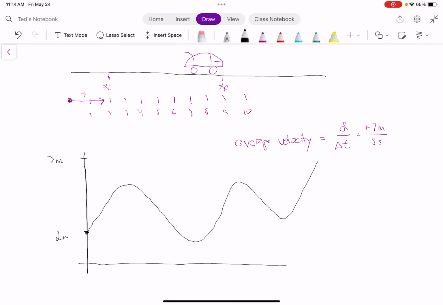So this was our starting location, and this was our ending location, and this whole trip took 1, 2, 3 seconds.